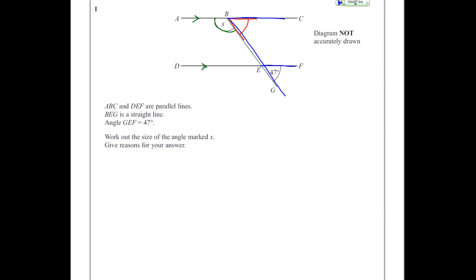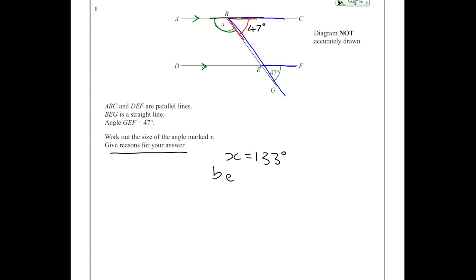Now we have that this angle is 47. Therefore X is on a straight line, so it's going to be 180 minus 47. You can do it on your calculator. Either way, you get X equals 133 degrees.